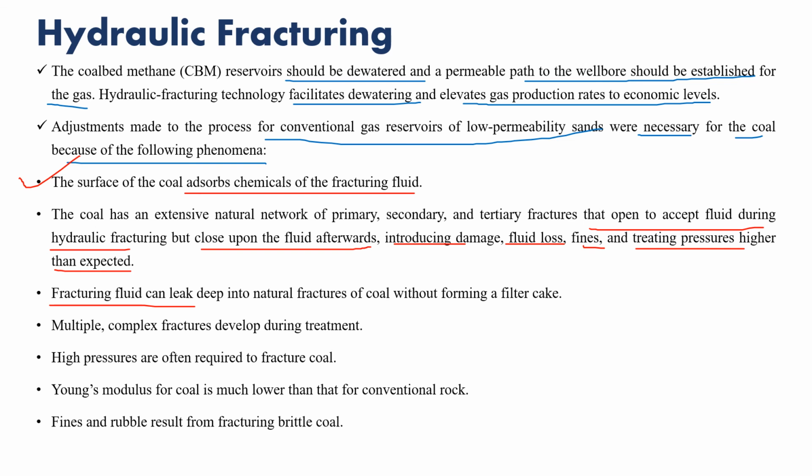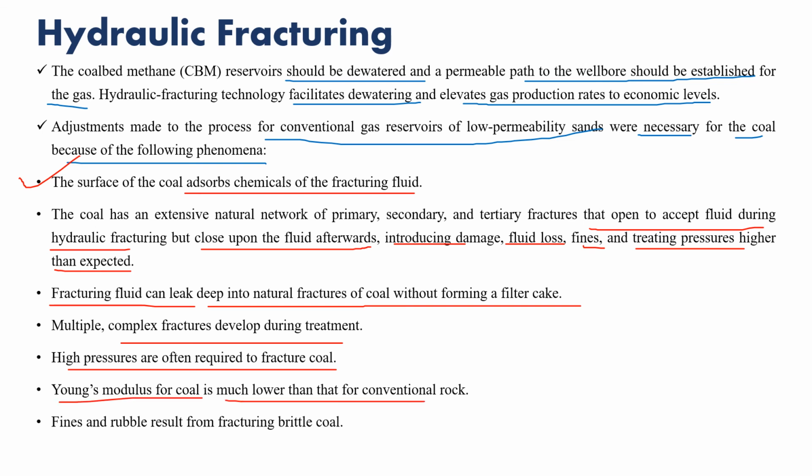Fracturing fluid can leak deep into the natural fractures of coal without forming a filter cake. Multiple complex fractures develop during treatment. High pressures are often required to fracture coal. Young's modulus for coal is much lower than that of conventional rock.